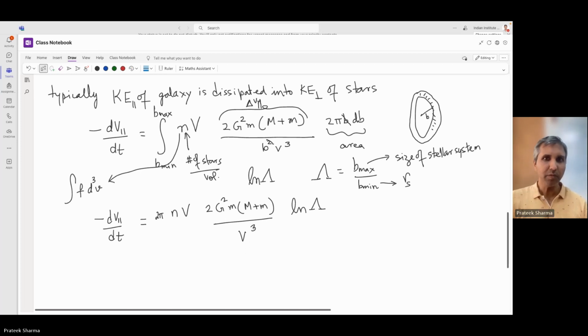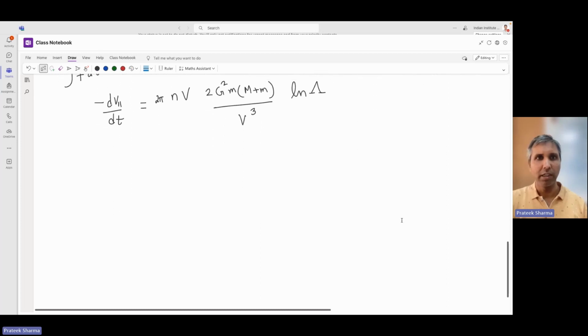Okay. So these things are still useful for you to build intuition, even though you can do numerical simulations. This kind of force is called dynamical friction.